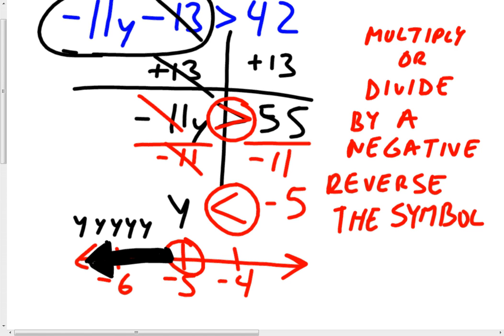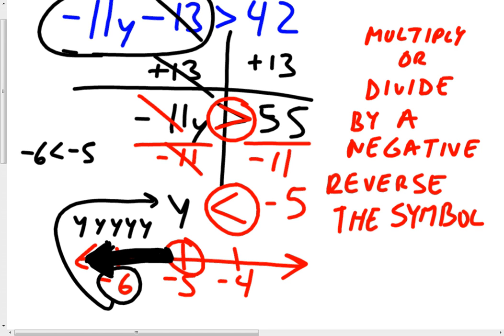That's just to represent or remind you that every single number in this black area with this arrow is a possible y. So test out one of them to see if this works. Put this number into here. Is negative 6 less than negative 5?